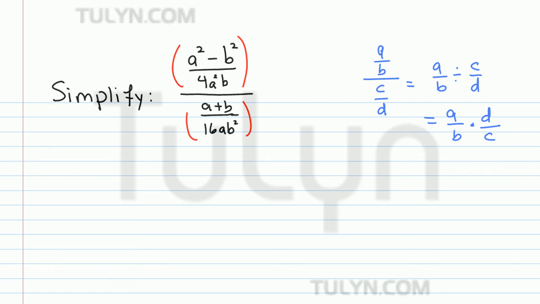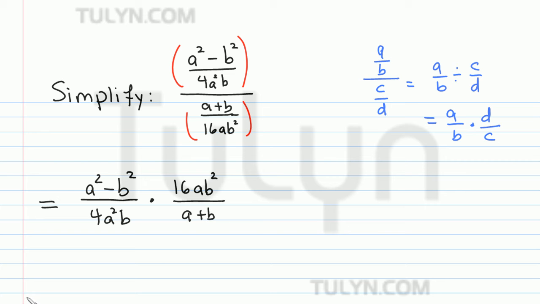So now taking the reciprocal, we have a squared minus b squared over 4a squared b times the reciprocal of the denominator, which is just flipping the denominator and the numerator of this fraction. So we get 16ab squared over a plus b.